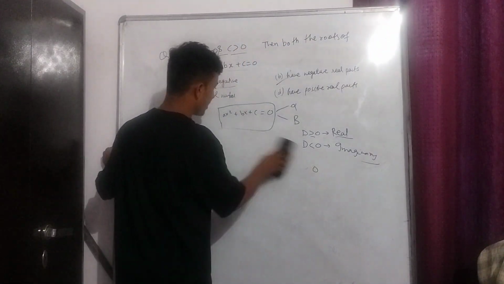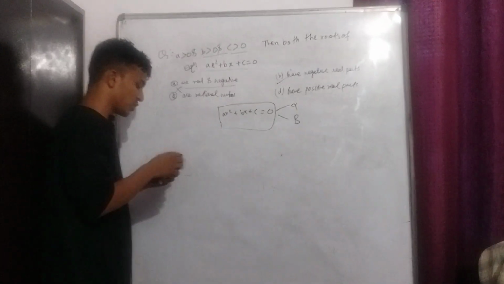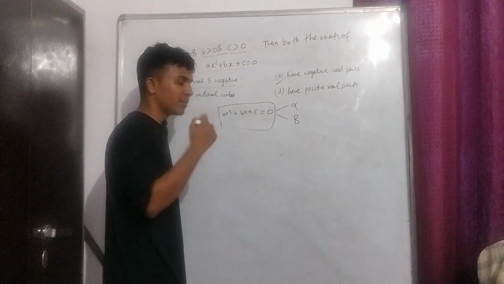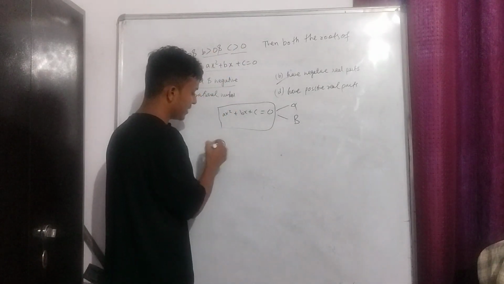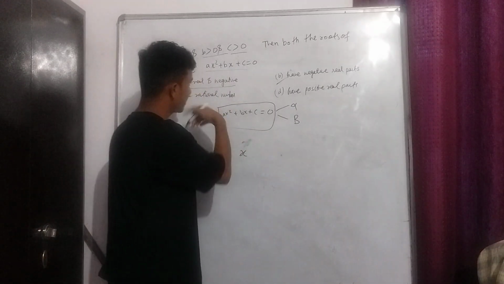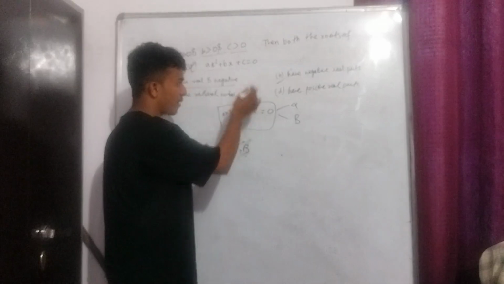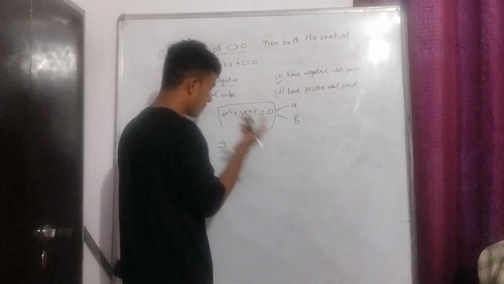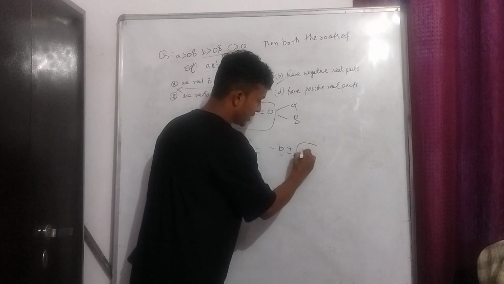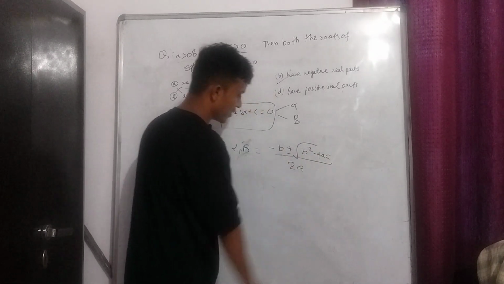We are unable to comment on its discriminant, but we can say one thing for sure. Even if this given equation has imaginary roots, if alpha comma beta are the roots of this equation, then alpha comma beta can be written as minus b plus minus square root of b square minus 4ac, divided by 2a.